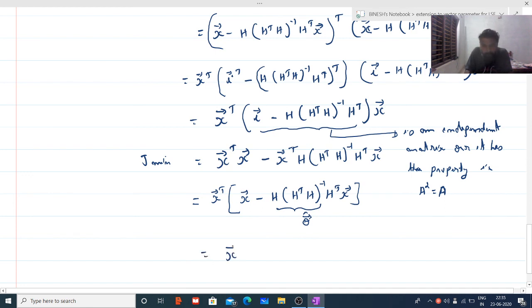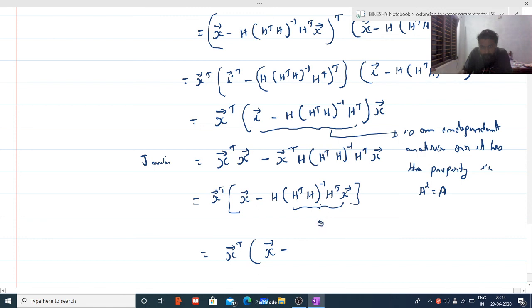So this becomes x transpose into x minus, sorry, this term is nothing but theta cap. Theta cap is nothing but h transpose h the whole inverse. This term is nothing but theta cap.